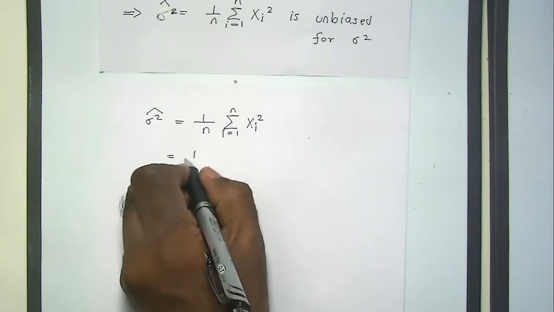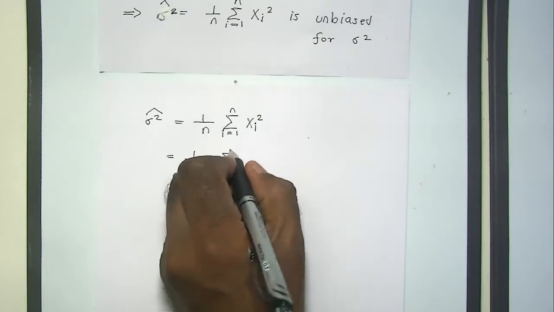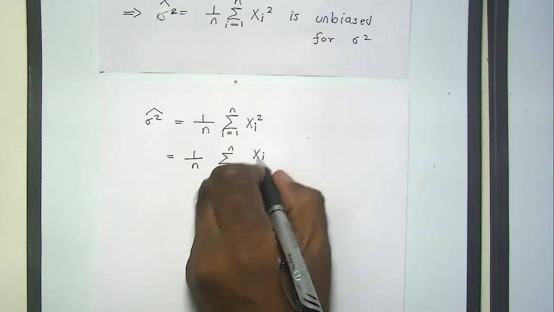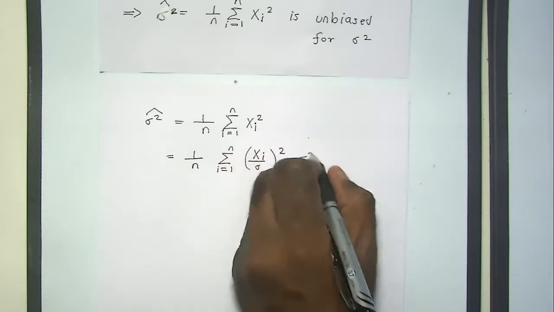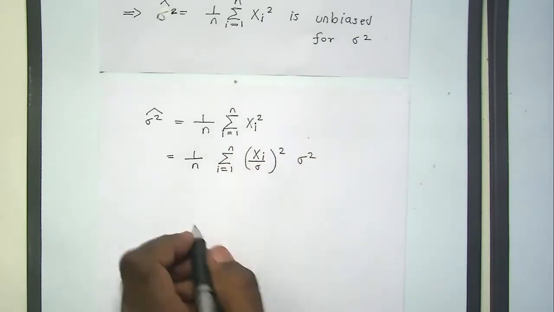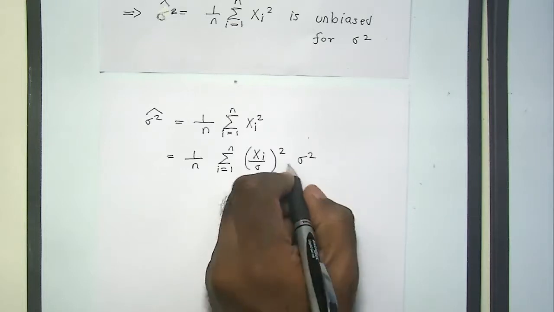Now I'm going to do the following. I'm going to divide x i squared by sigma squared and multiply by sigma squared. You see what I've done here? I've divided by sigma squared and multiplied by sigma squared.